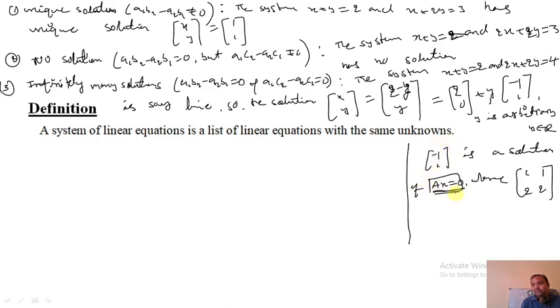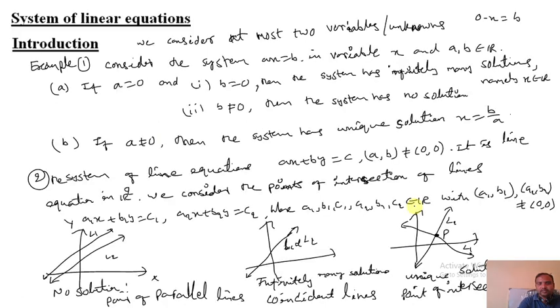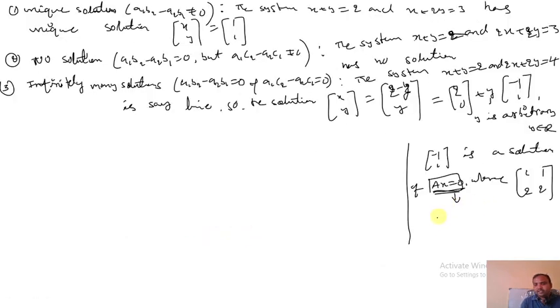Now in this lecture we are going to discuss solving this system. We will discuss what type of system this is. One more thing, we are taking the system a1x plus b1y is equal to c1, a2x plus b2y is equal to c2. Suppose a comma b is 0 0 and c not equal to 0, that means ax plus by equal to c.